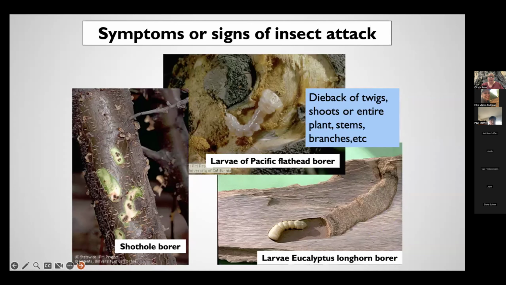There are also symptoms or signs of insect attacks. So shot-hole borer will have holes in the bark of wood that, if you cut back, you'll be able to see the entrance of where the insect entered into the branch. The same with flat-headed borer, which tunnels through twigs and branches and causes a dieback of twigs, shoots, or entire plant stems or branches will be dying.